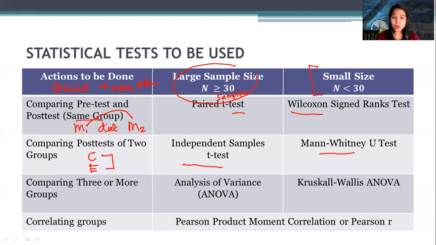If you compare 3 or more groups, we use analysis of variance for large samples. For small, we use Kruskal-Wallis ANOVA. If you correlate variables, like we correlate attitude and academic performance, we use Pearson product moment correlation or Pearson r. Actually, there are so many correlational tests, but we'll just deal with this one.